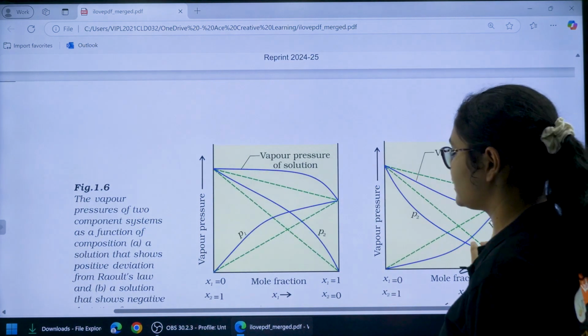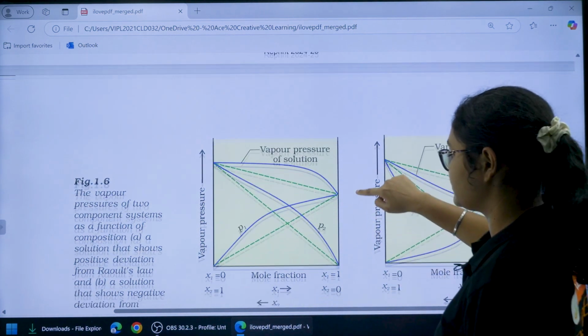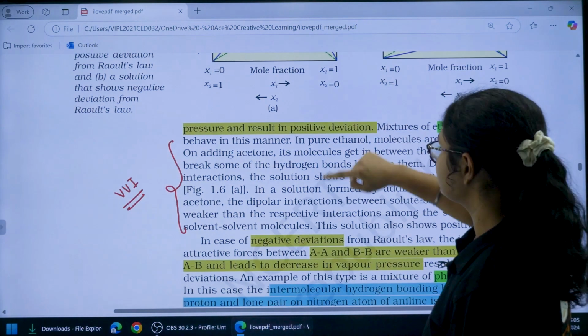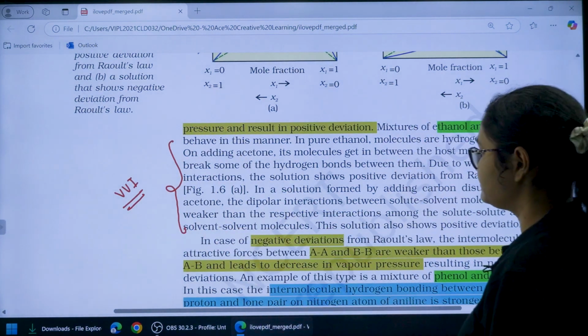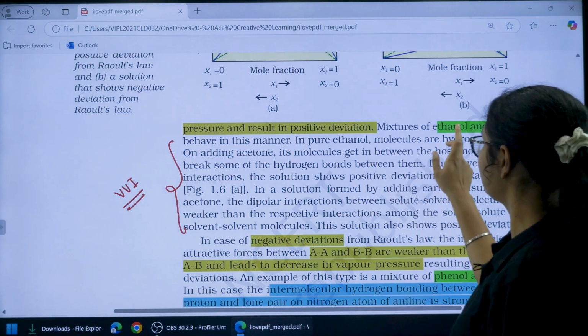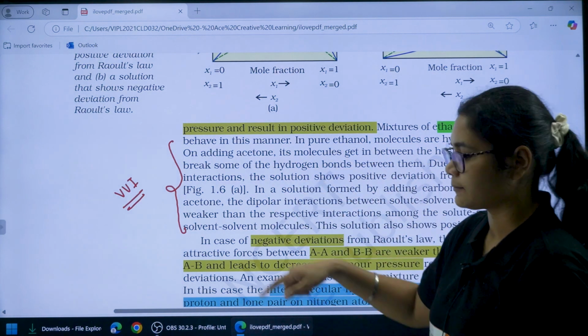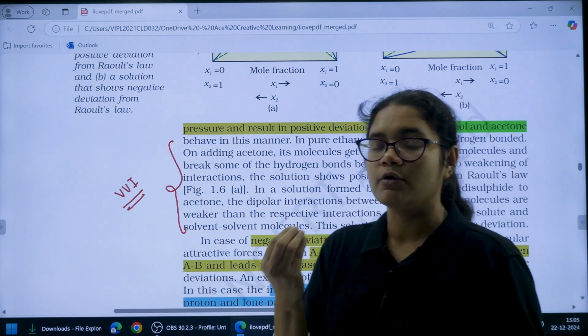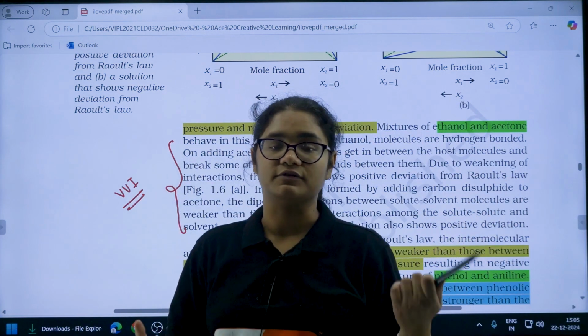These 2 graphs are again very important regarding positive deviation and negative deviation. The examples are important: ethanol and acetone, and how they form positive deviation. Suppose a question is asked to explain why acetone and ethanol form a positive deviation.